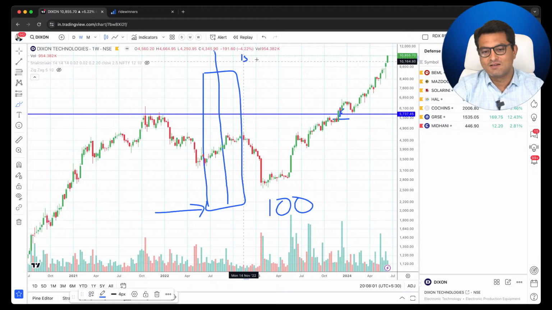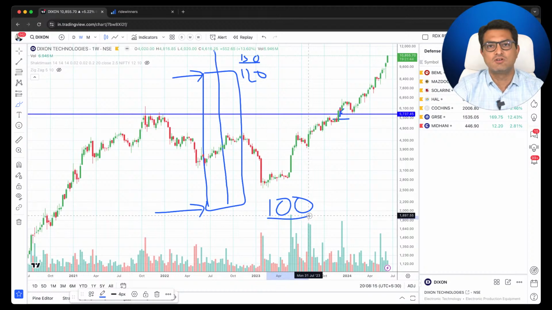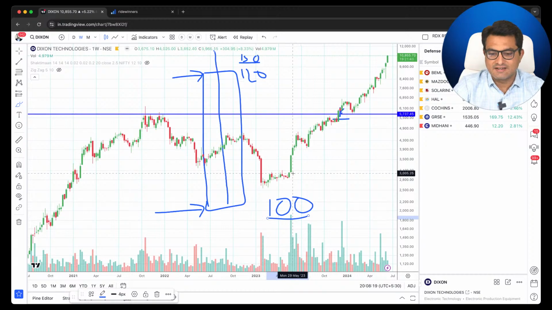Then it closed somewhere around 120 rupees. So this will be your closing price, this will be your opening price, this will be the day high, and we are assuming it never went below 100, so this will also be your day low. So that is how this green candle works, right?